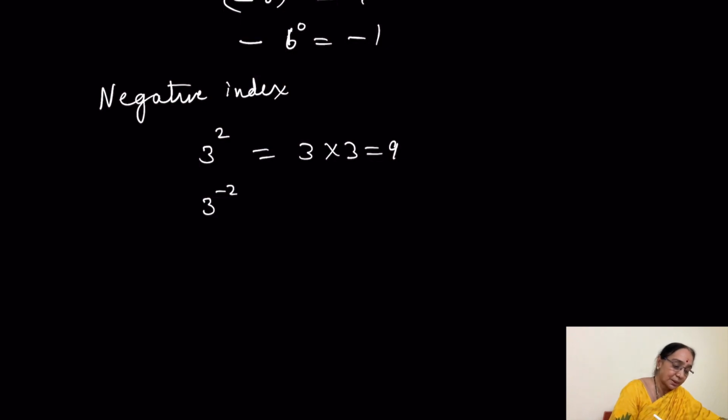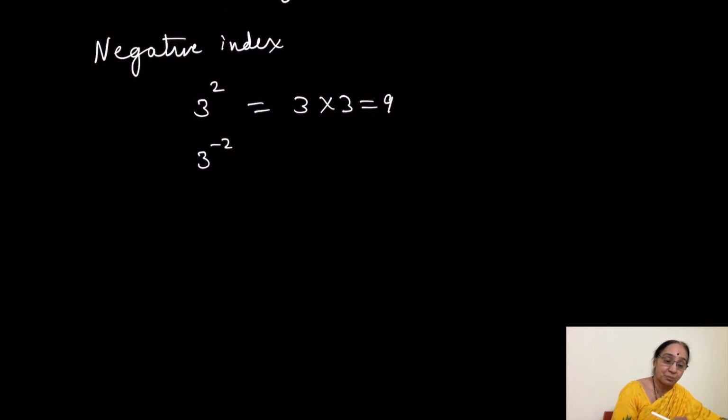So what is it? Now again we'll make use of the quotient rule. It helps us to understand what this negative index actually means. So if I want to write 3 raised to negative 2, I can write it as 3 raised to 1 divided by 3 raised to 3.